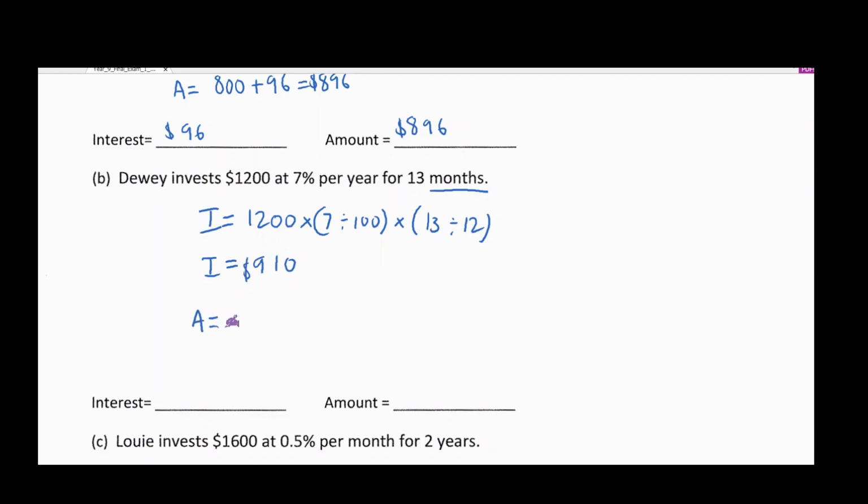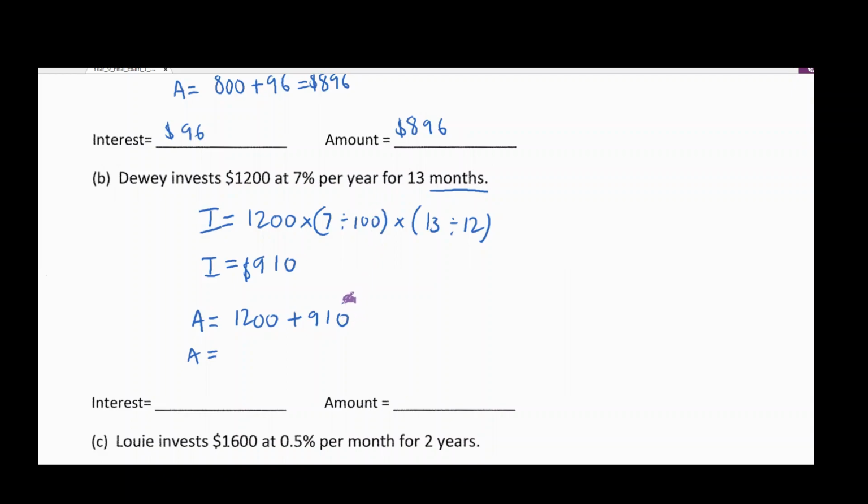So our amount equals 1,200 plus 910. Oops, 91.